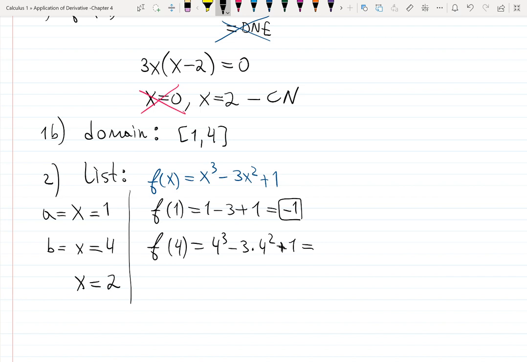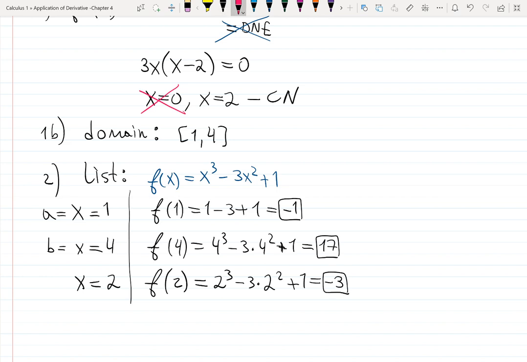Am I faster than you are? 17. Okay, the 17 part, I just checked my notes. I should tell you I'm not a genius to know calculation so fast. f of 2 is 2 cubed minus 3 times 2 squared plus 1. And that one is negative 3.